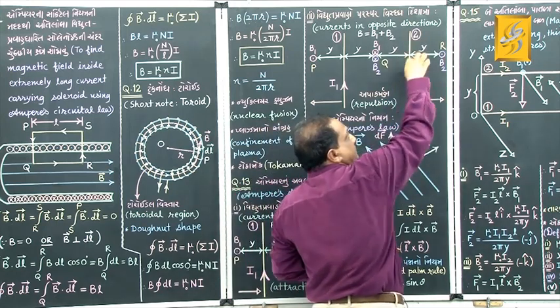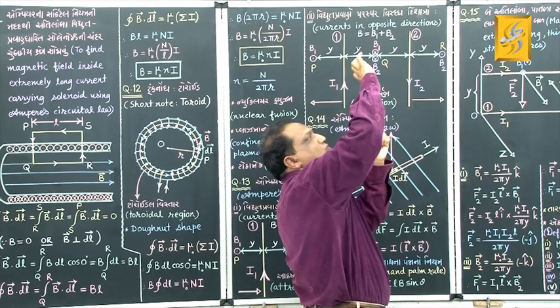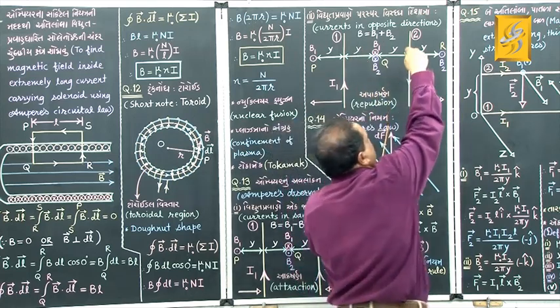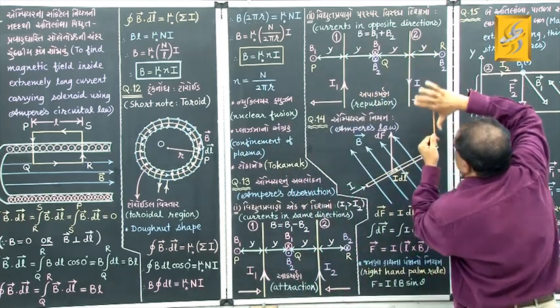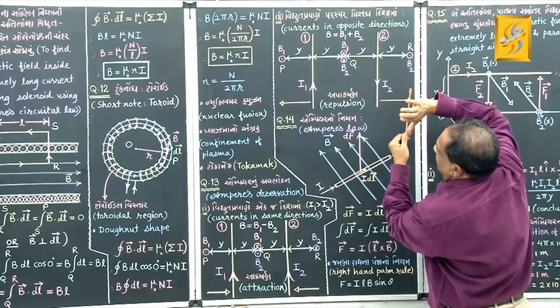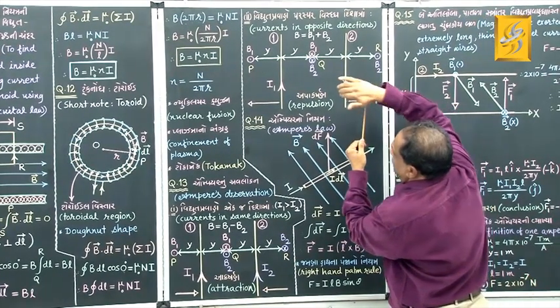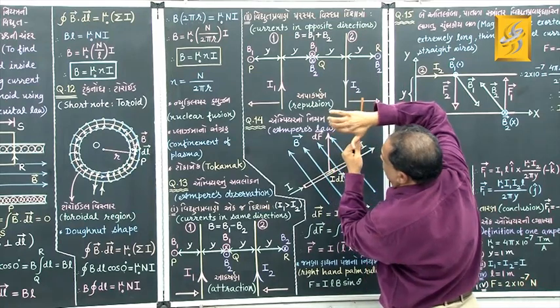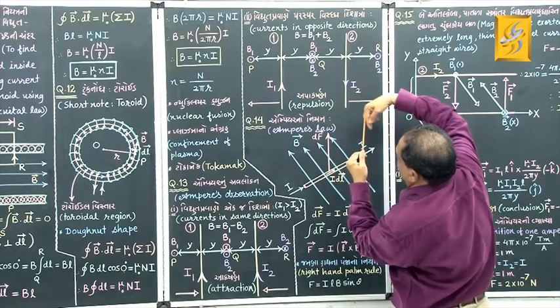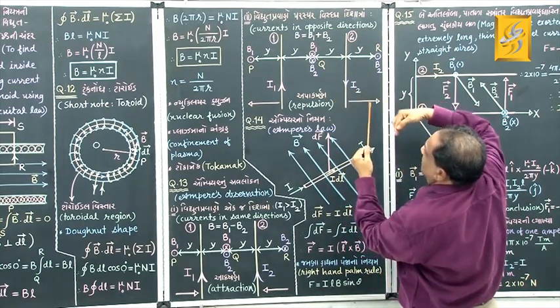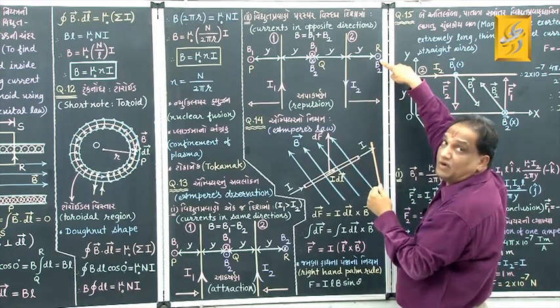Hold this wire in your right hand palm such that the thumb points in the direction of current. Right now it is vertically downwards, okay? Then the fingers are taking a turn this way, correct? So from here it is going inside, and then from here it will come out, so I am putting a dot. Got it?